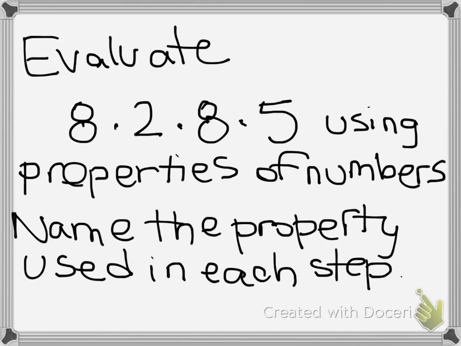Now we're going to think through 8 times 2 times 8 times 5 and try to use properties of numbers to help make this the easiest it can be as mental math. Okay, and then we're going to name the property that we used to make it easier mentally in each step.